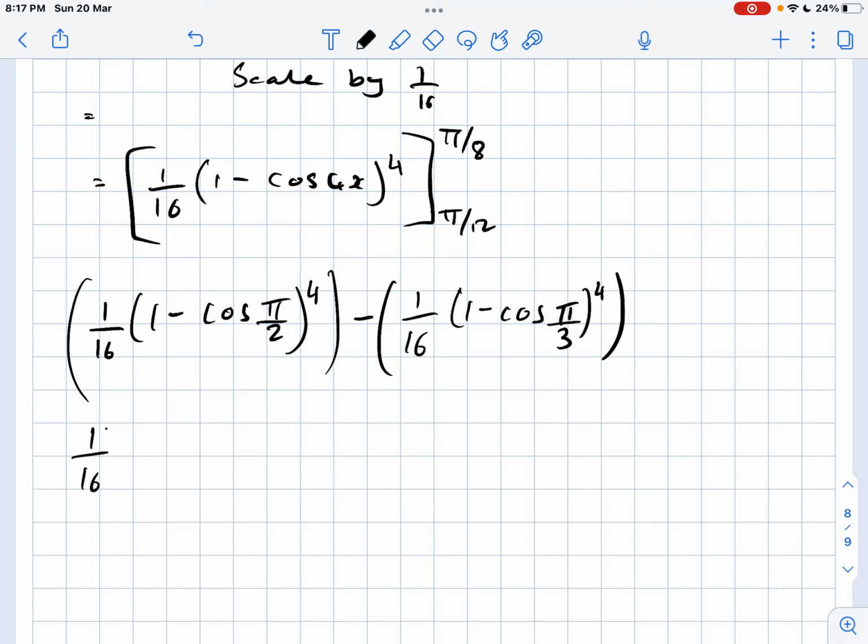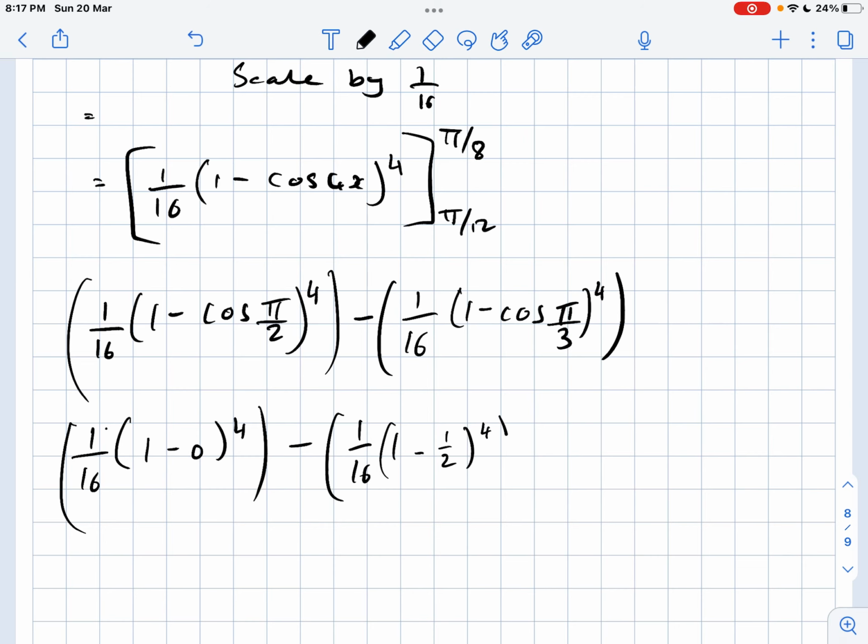So a 16th of (1 minus 0) raised to the power of 4, because cos of pi over 2 is 0. And then subtract 1/16 of (1 minus a half) raised to the power of 4, because cos of pi over 3 is a half.